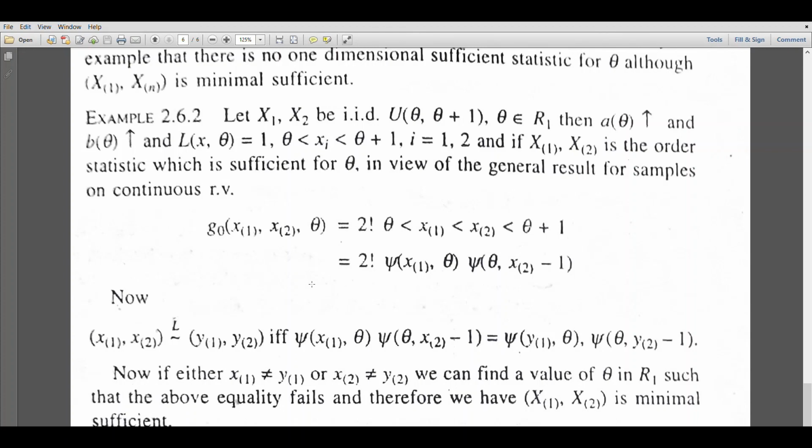And using the likelihood equivalence, we can see that x1 comma x2 is the minimal sufficient statistic for the parameter theta.